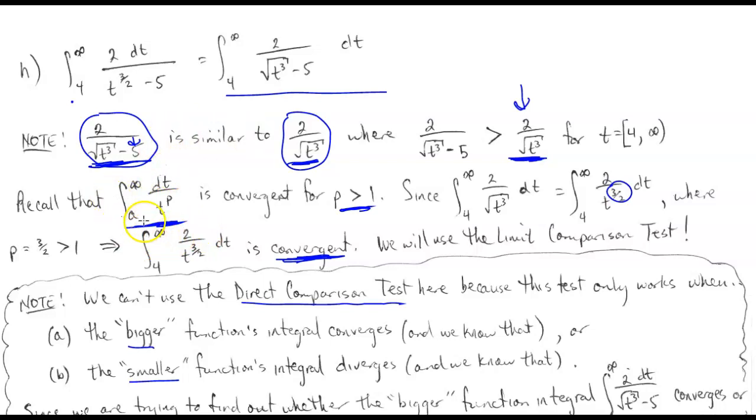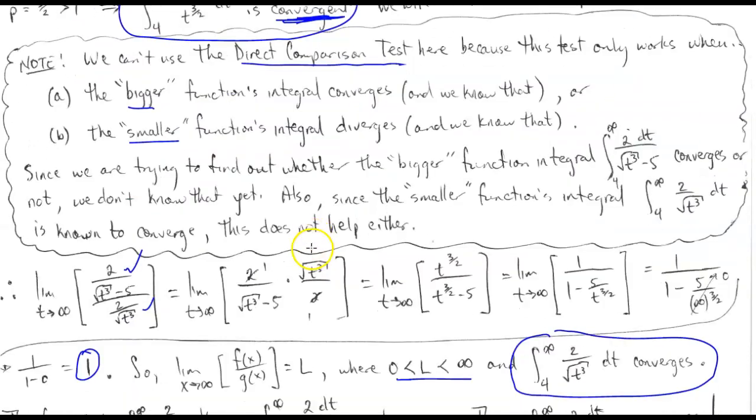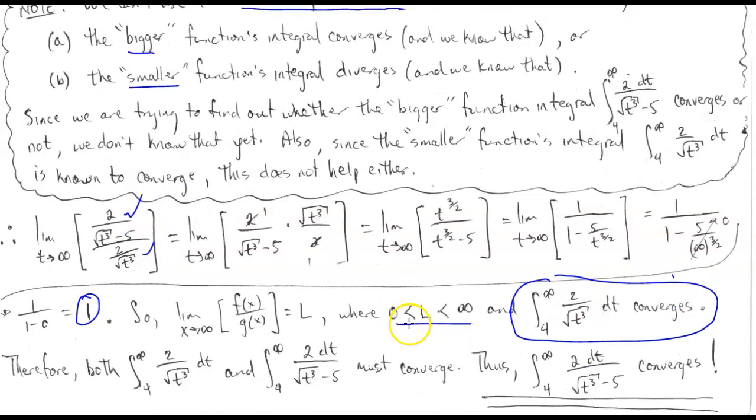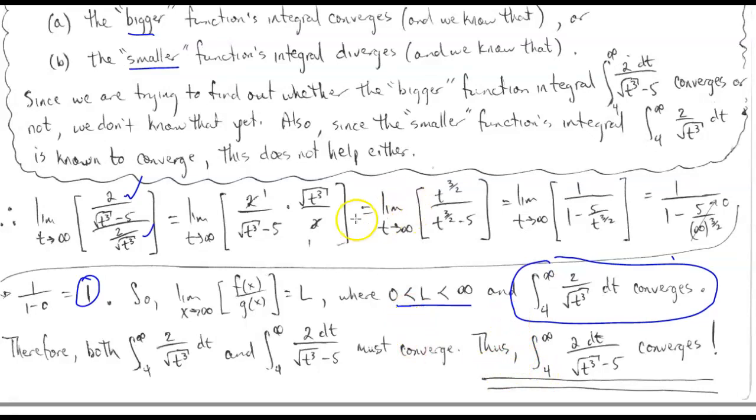And since we know here that the improper integral of the smaller function is going to converge and the conditions for the limit comparison test are met, that means that this particular improper integral, which is the original one, is also going to converge.